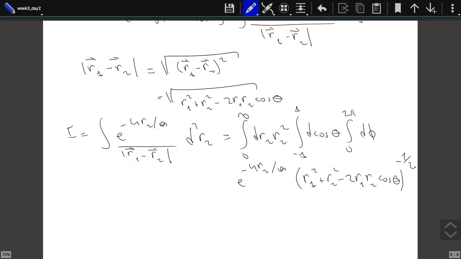The phi integral is trivial; it just gives us 2 pi, since nothing depends on phi. The theta integral is not trivial but not complicated either. Just imagine cosine theta as a single parameter itself.